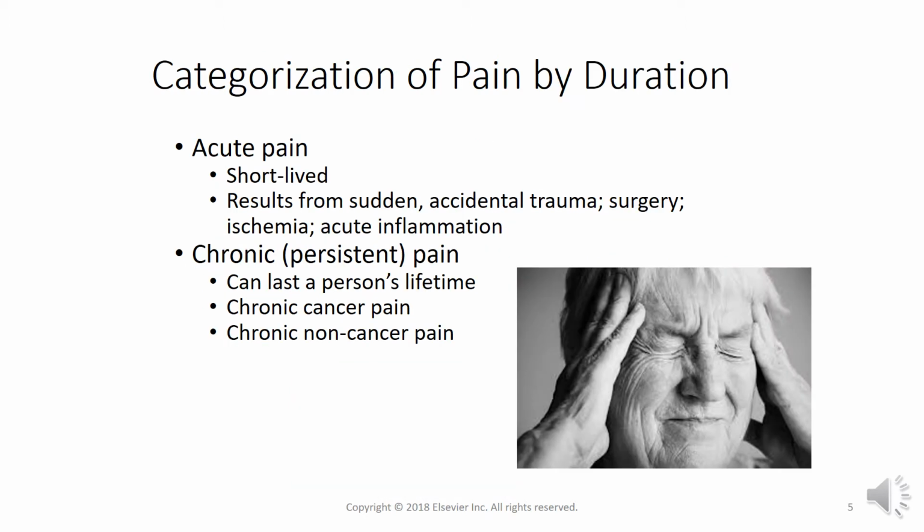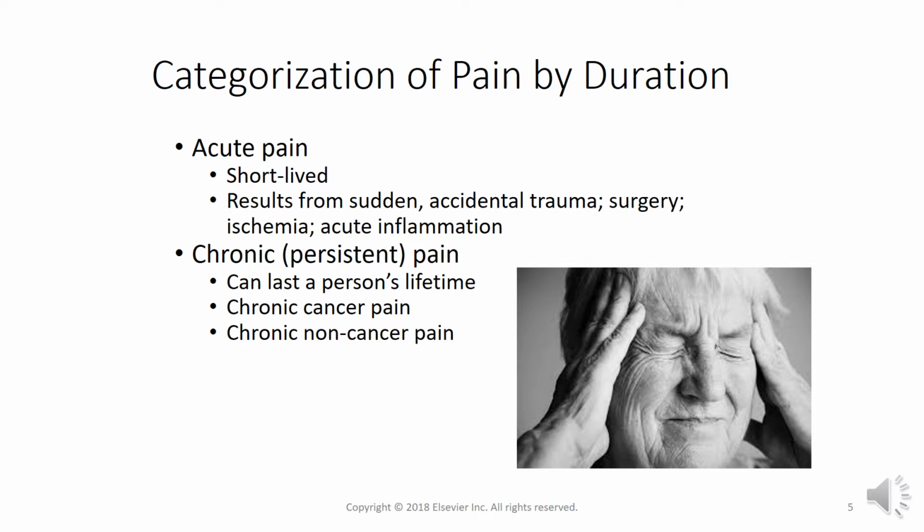There are two main categories of pain by duration, okay? So you have acute pain, and that's your short-lived pain, and it results from sudden accidental trauma, surgery, sometimes even ischemia or acute inflammation. When an area of the body is ischemic, which just means without oxygen for whatever reason, it is painful.